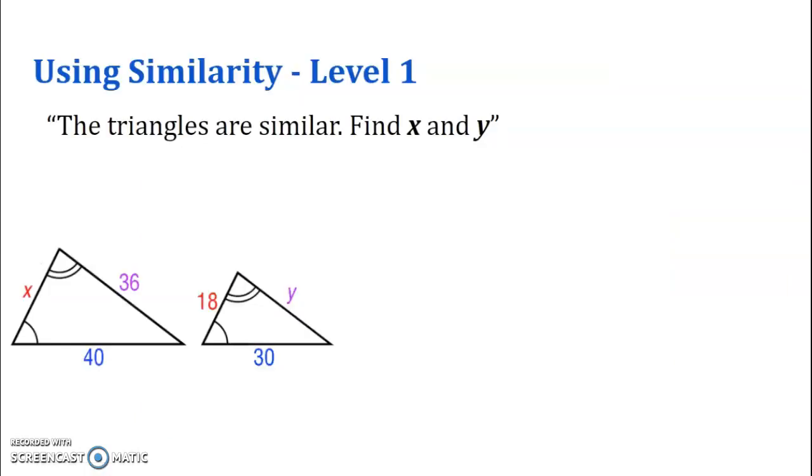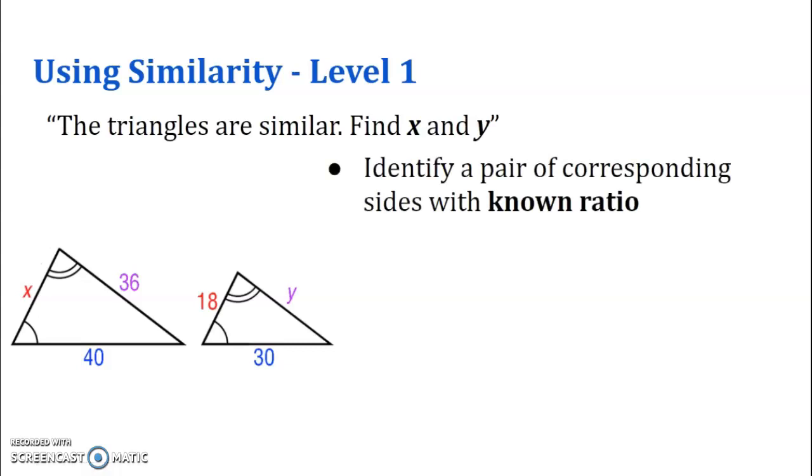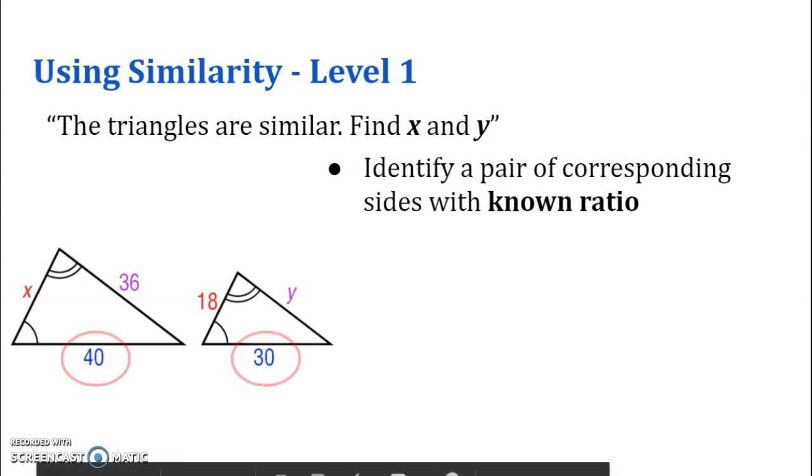So using similarity level 1, the triangles are similar. We are told that they're similar. Find X and Y. To do so, you need to identify a pair of corresponding sides with known ratio. What do we know that are corresponding sides? That's 40 and 30.